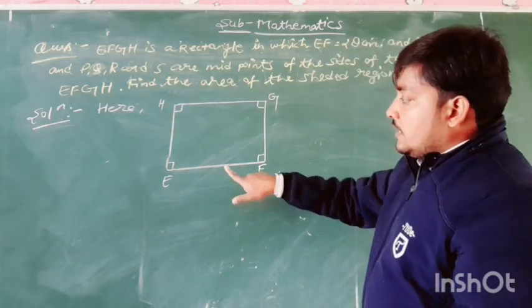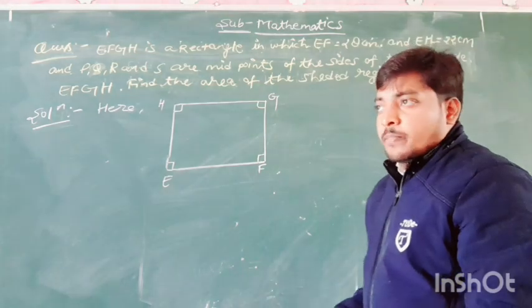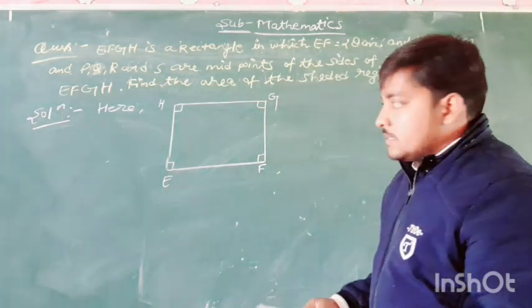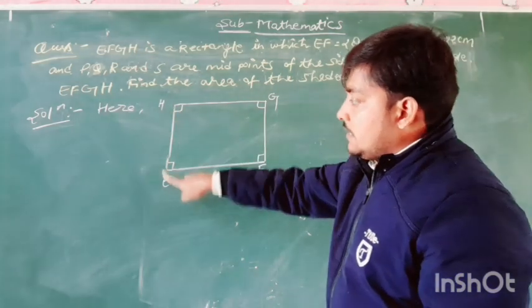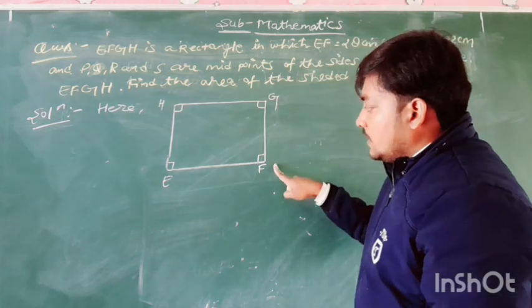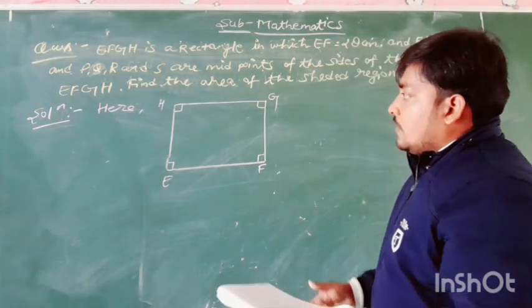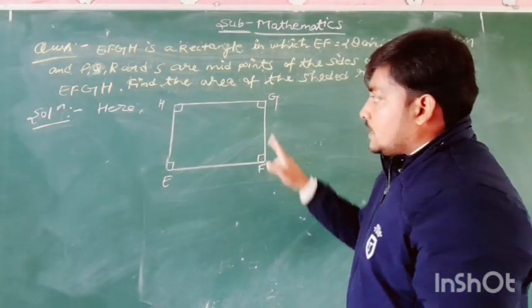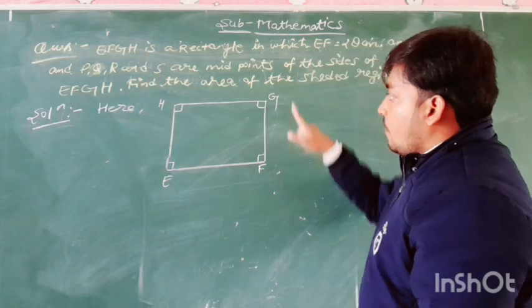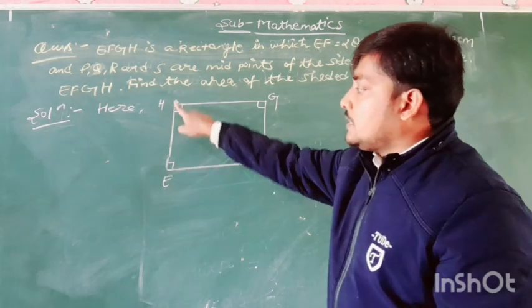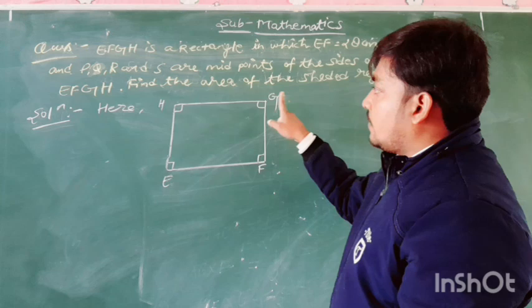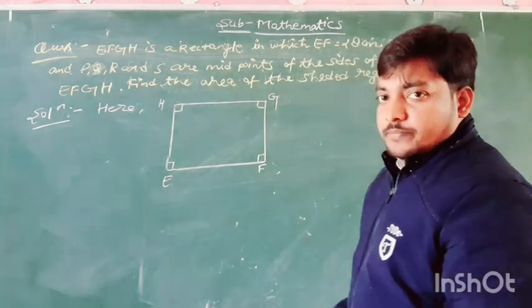Because EF and HG are opposite sides, and HE is equal to GF, which is also opposite sides. So FG is equal to EH and EF is equal to HG.